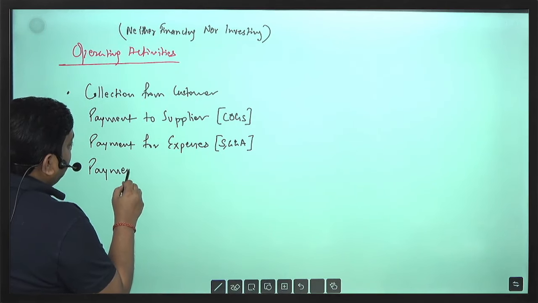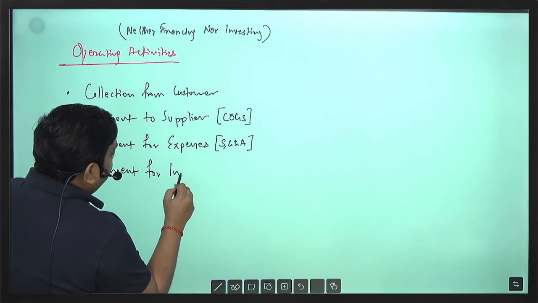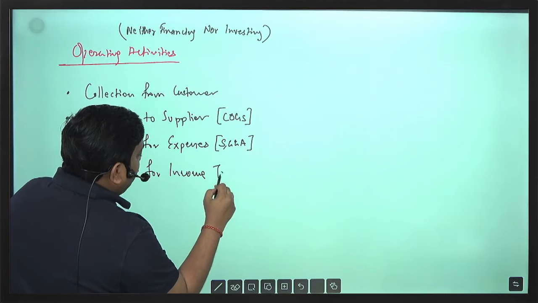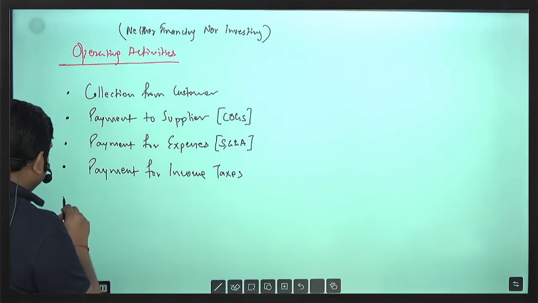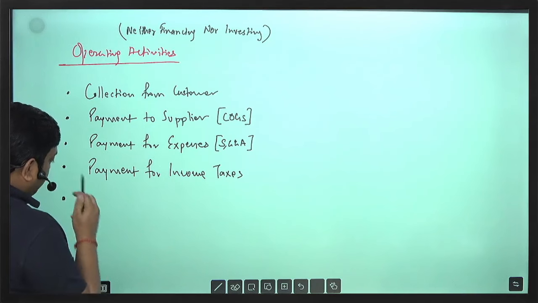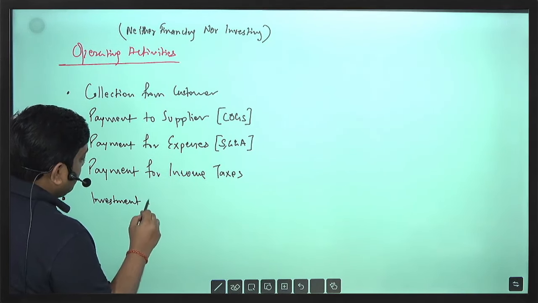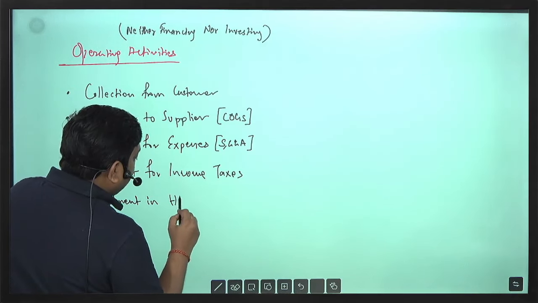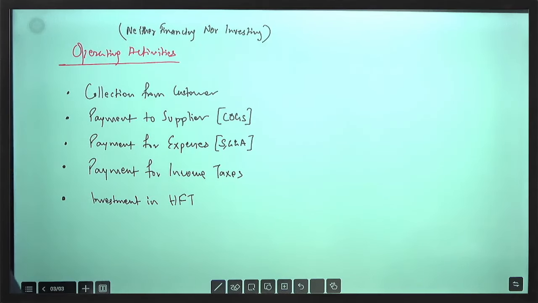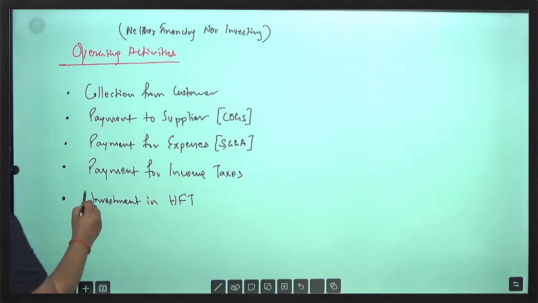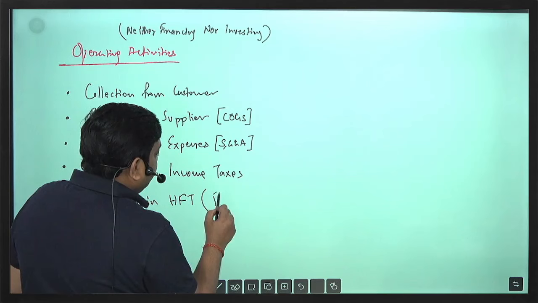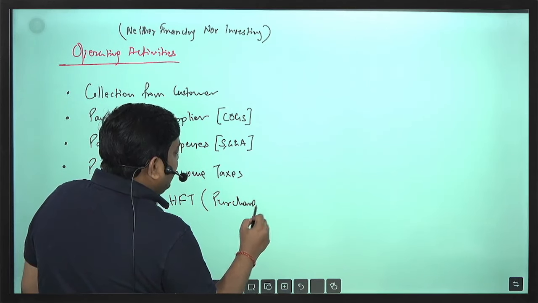Then we have payment for income taxes. Investment in HFT. Investment in HFT is also operating activity, like purchase or sale of HFT.